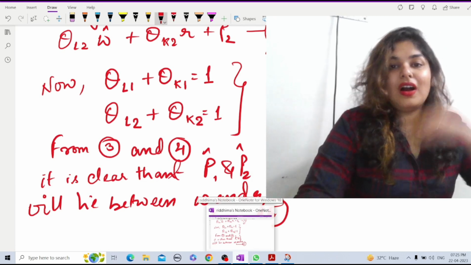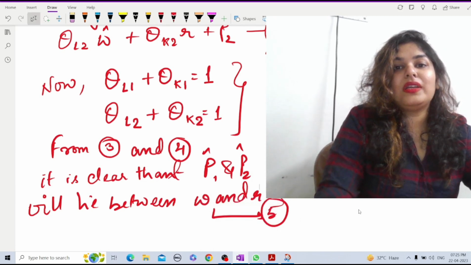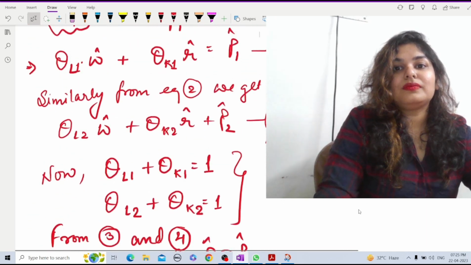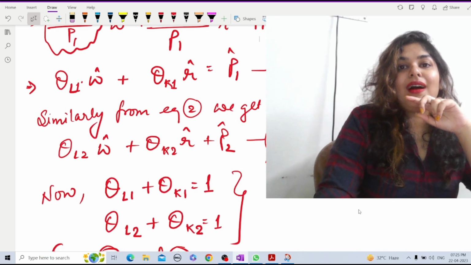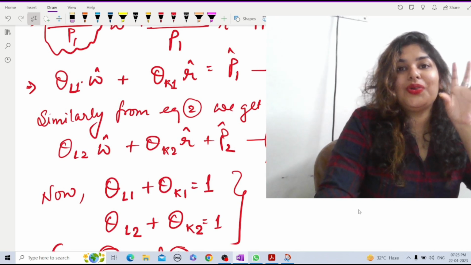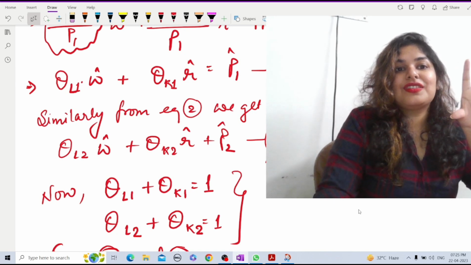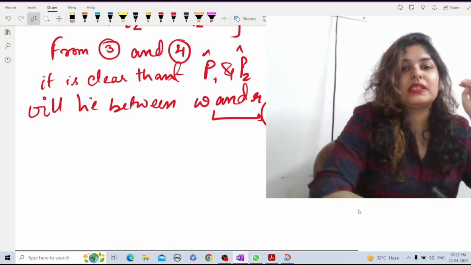So we have deduced a few equations here. Now what we are going to find out is, using equation 3 and 4, we are going to calculate our theta determinant. That is, we are going to include all the shares of labor and capital and calculate the determinant.